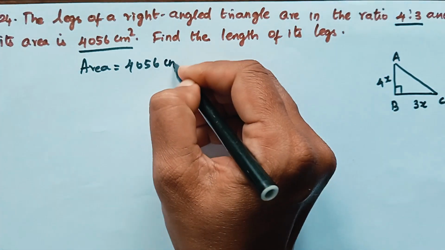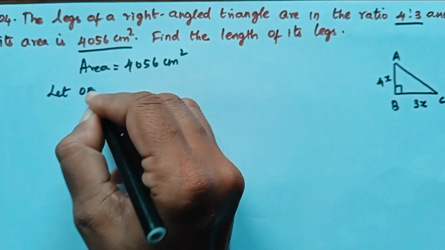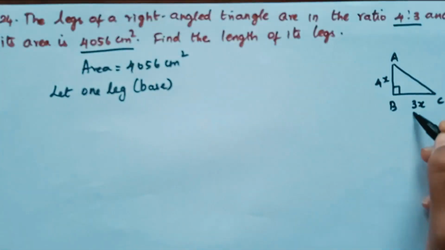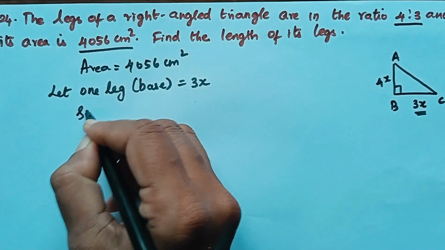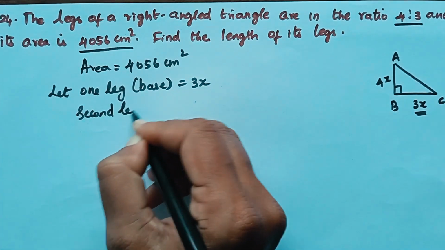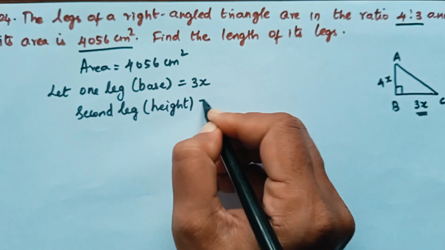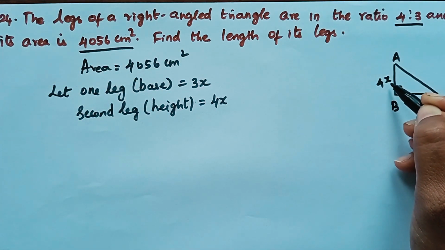4056 centimeter square. Now let one leg, I am taking here as the base, be 3x, and the second leg, that is the height, I am taking as 4x.